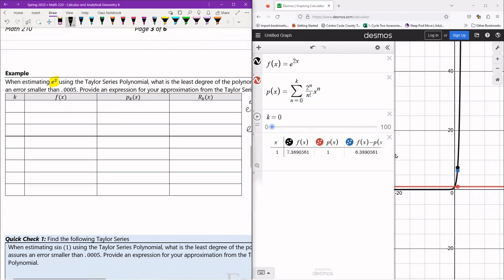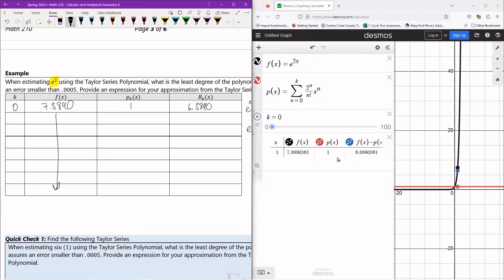My f of x is going to be 7.3890, and this is going to be the case for all of these. My p of k is 1. My r of k is 6.3890.